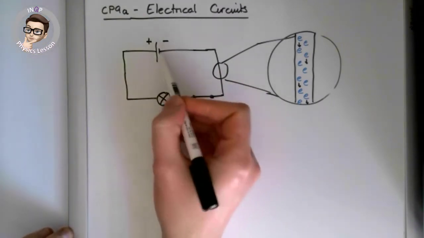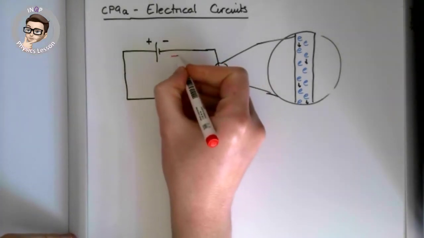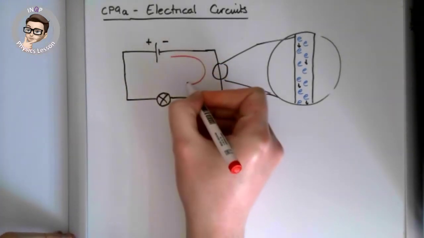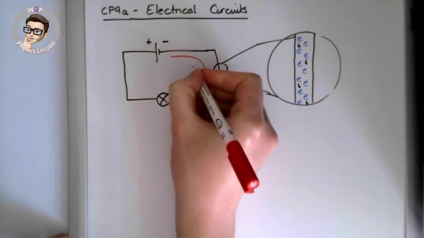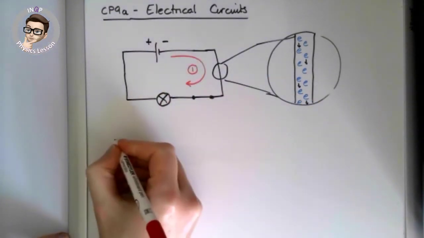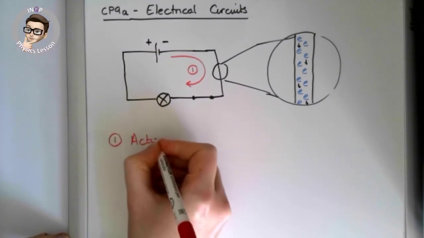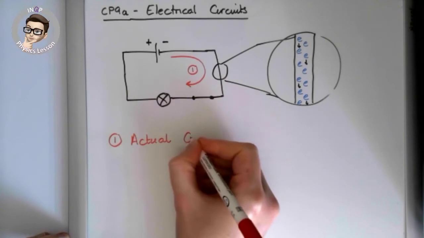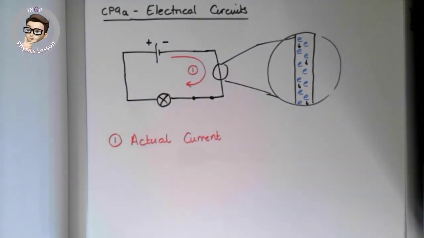So the direction of current, as we know, because it's lots of electrons moving, must go from negative to positive. We'll call this number 1, this type of current is our actual current, which for us is true because we know that electrons are negative.